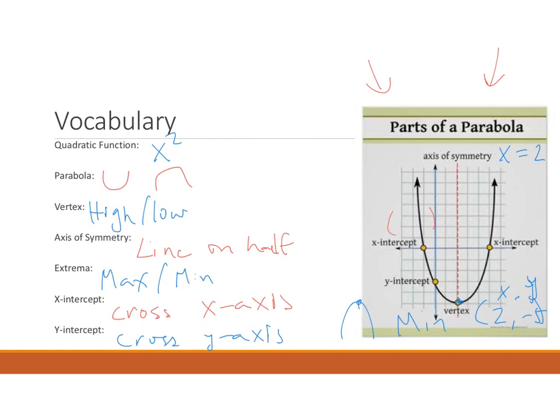So one of my x-intercepts is at (-1, 0). The other x-intercept is at 1, 2, 3, 4, 5, so (5, 0). The y-intercept, where it crosses the y-axis, is at (0, -3). So beyond knowing all the words, we need to know how to write them.